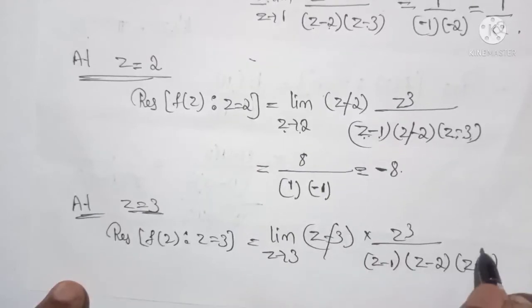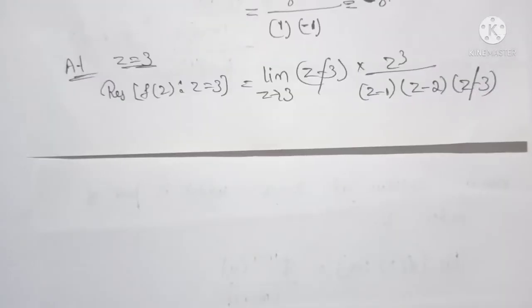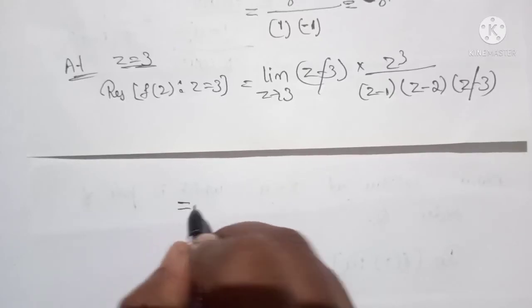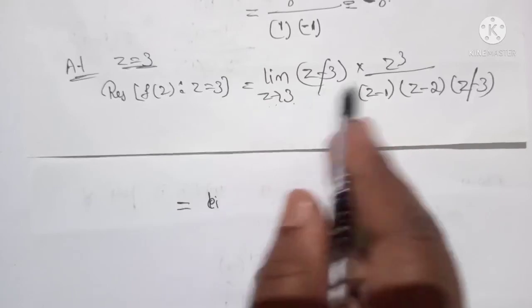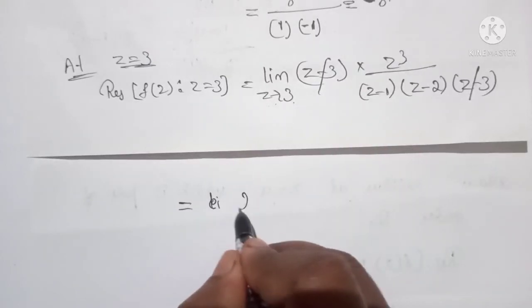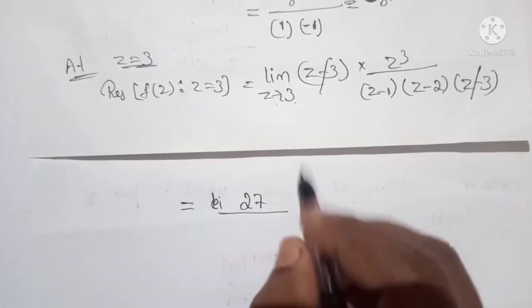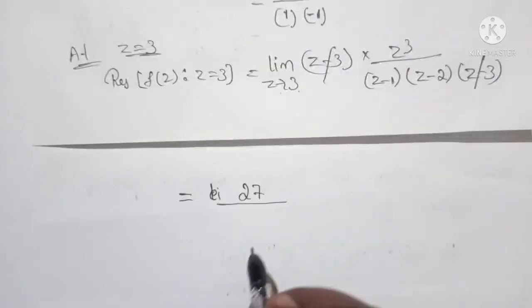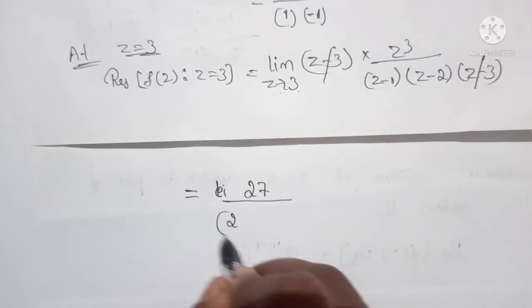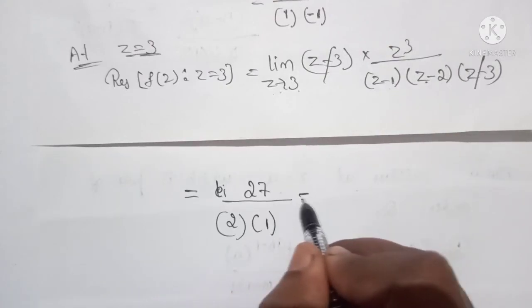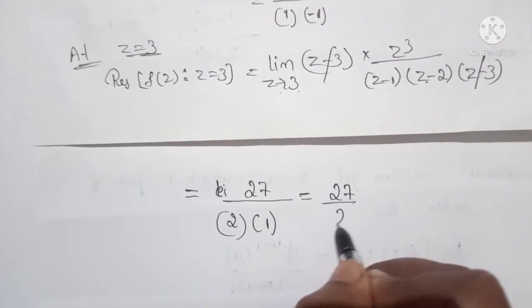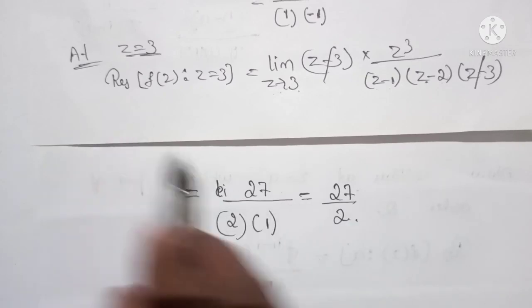Here z minus 3 cancels. Evaluating the limit, substituting z equals 3, we get 3 cube, which is 27, divided by 3 minus 1, which is 2, and 3 minus 2, which is 1. So it equals 27 divided by 2. So this is the residue at z equals 3.